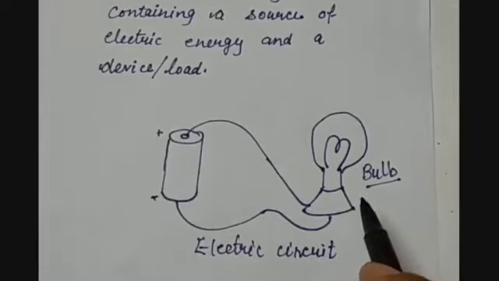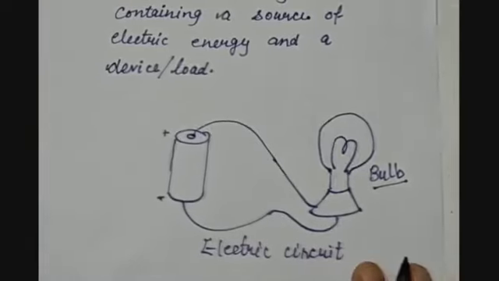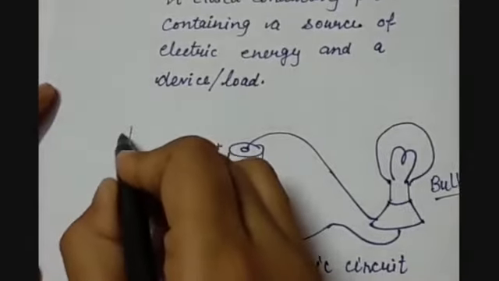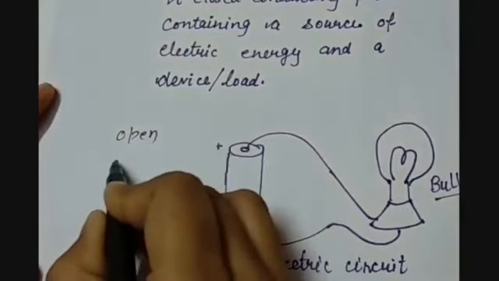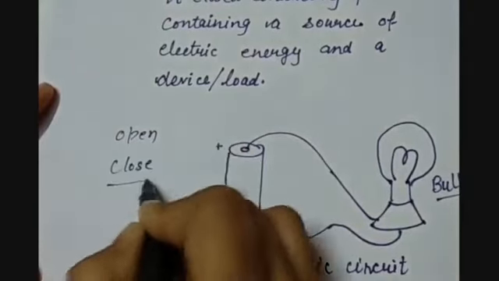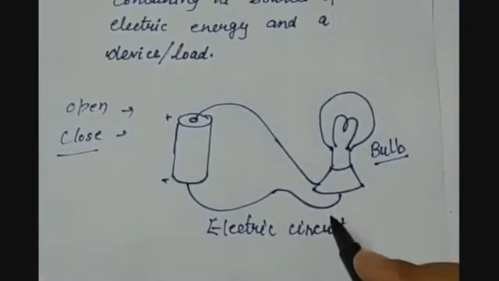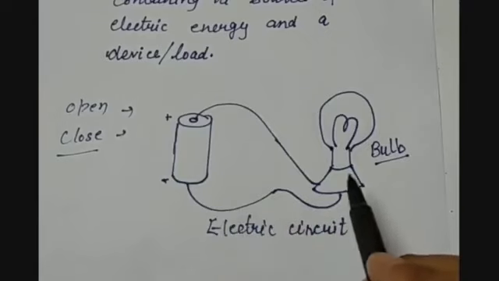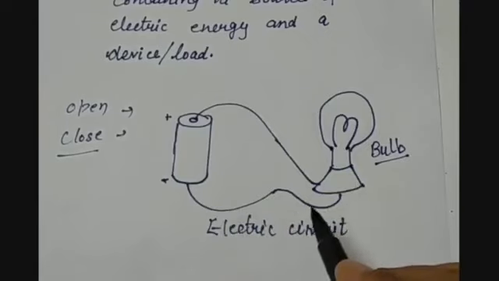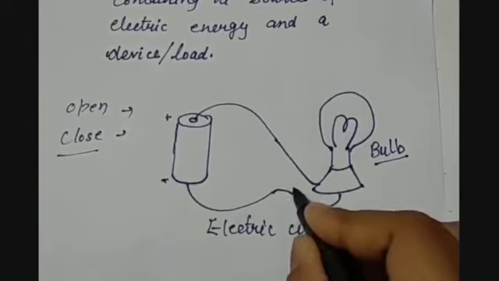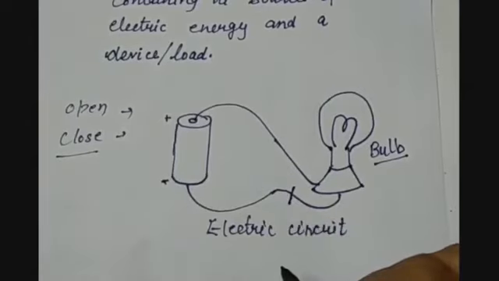Now this electric circuit can be of two types, open and close. Let us understand this with the help of an example with the cell and bulb. Suppose we break the connection of the conducting wire from here.